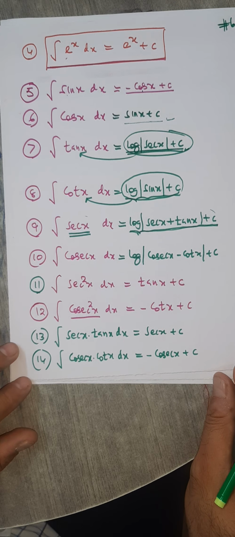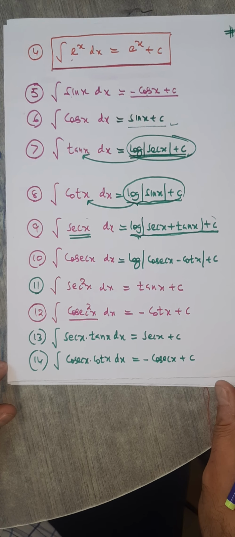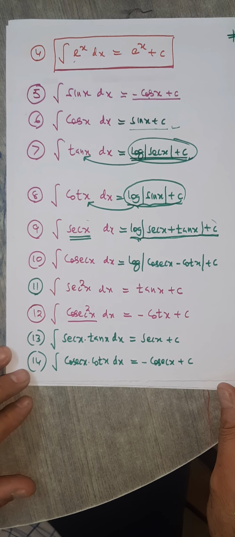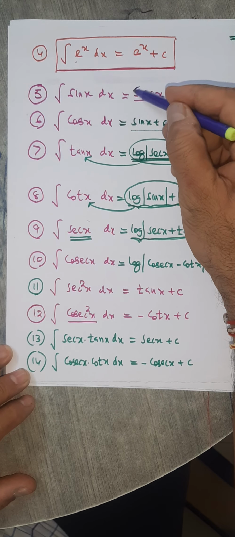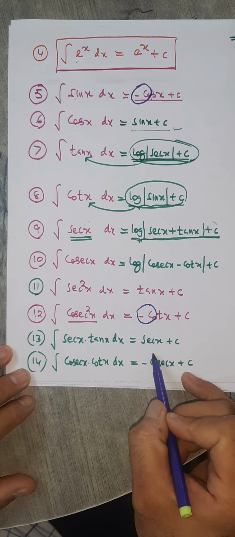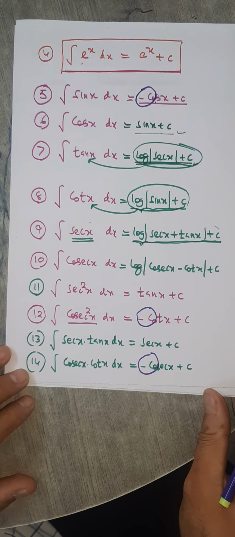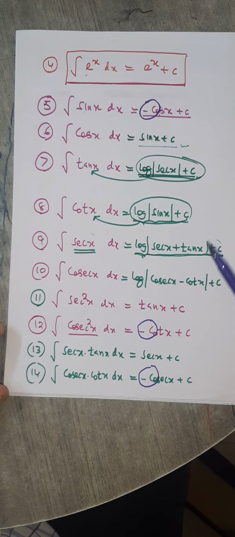So these are the list of the standard functions which you know. I repeat this here. One more thing, if you notice, if you have c then with a minus sign in the answer, remember c with a minus sign and c with a minus sign. That way you can remember if you have confusion about the answer of each of these.